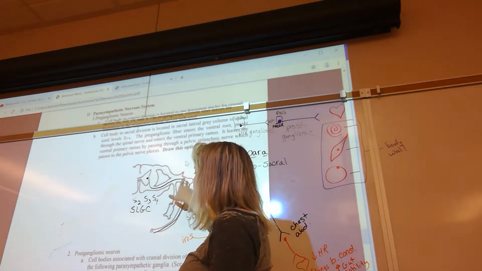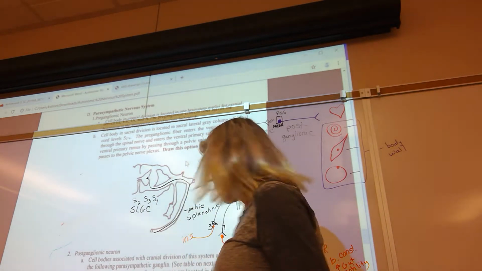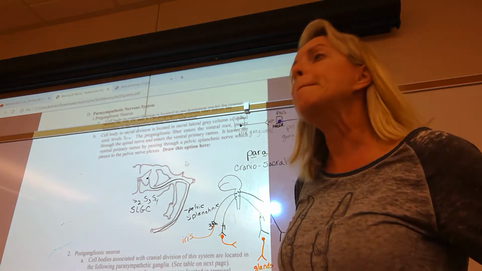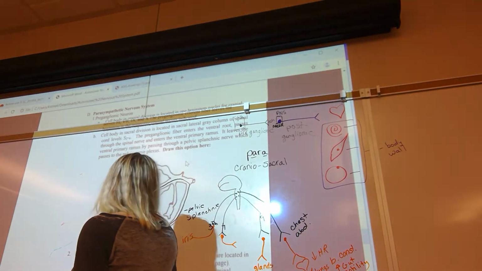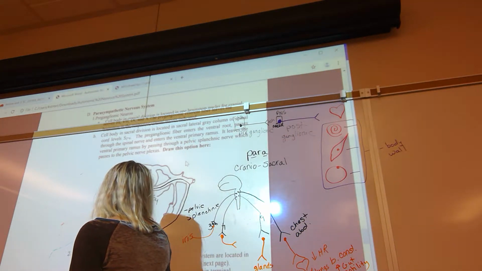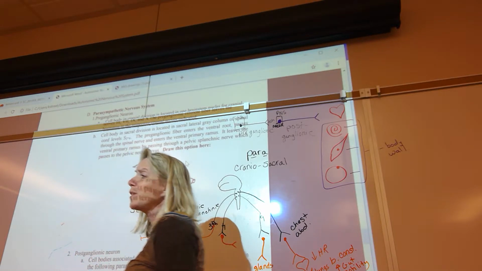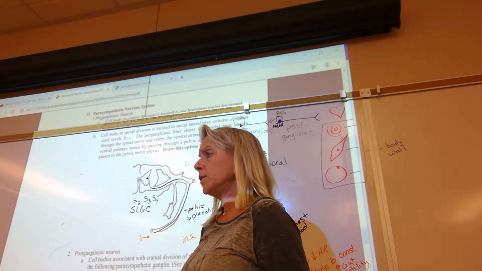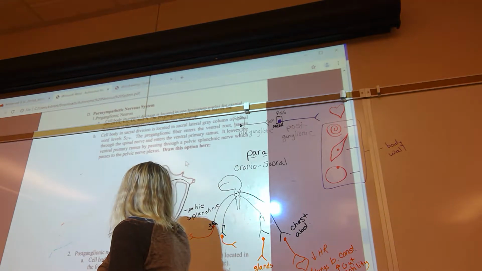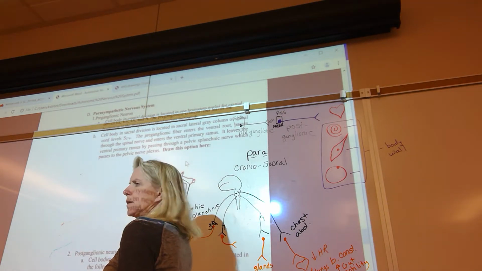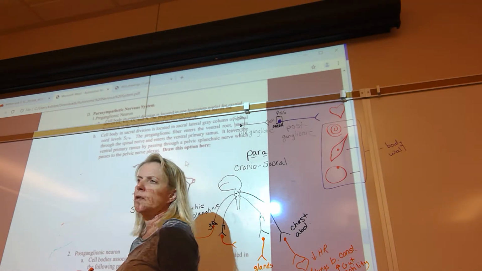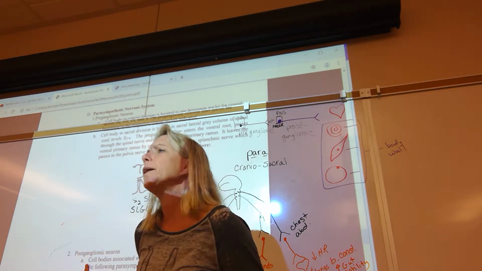It carries preganglionic fibers, and those preganglionic fibers must terminate on a postganglionic neuron that's probably found in the wall of the effector, like in the intestine. It's going to terminate on the smooth muscle of the intestine or the bladder.